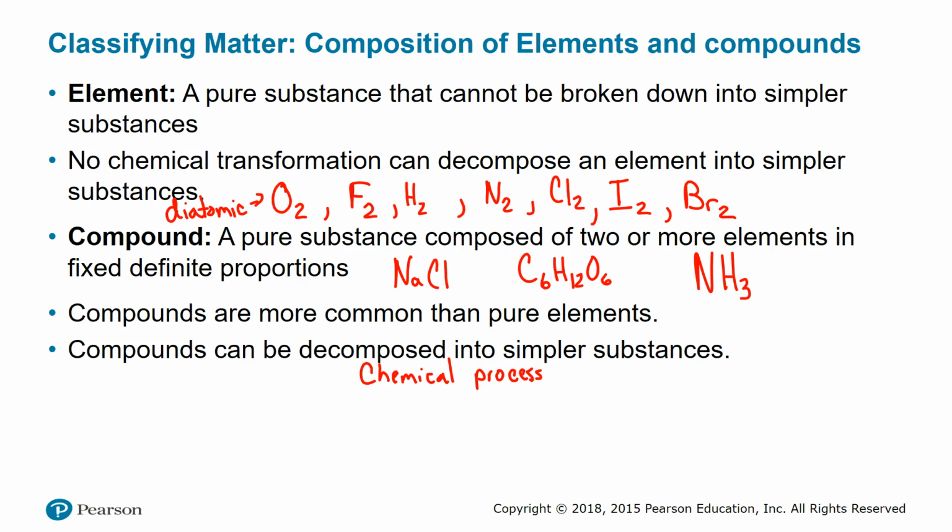Even though they are technically, we can call these molecules, but they are not compounds. So looking at those, why would we be able to consider them a molecule but not a compound?